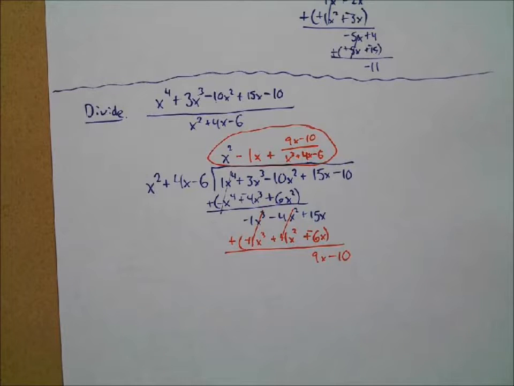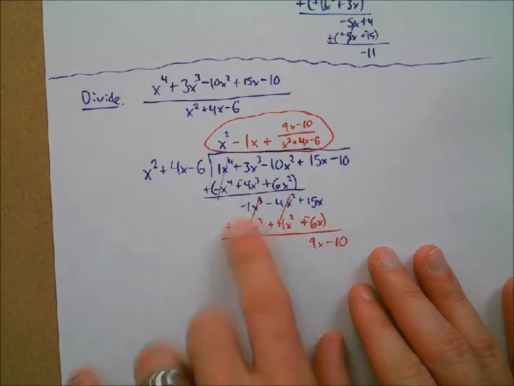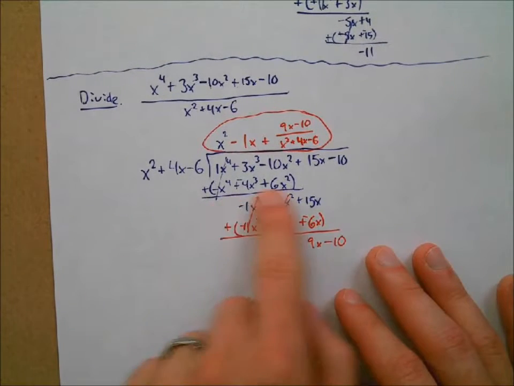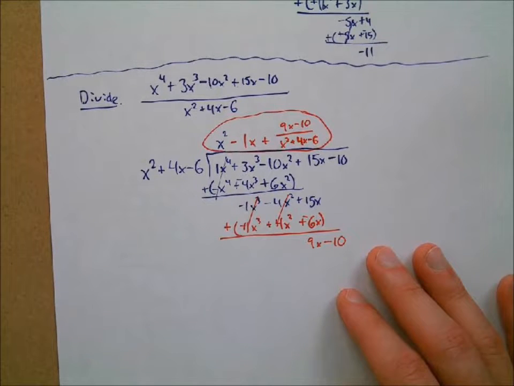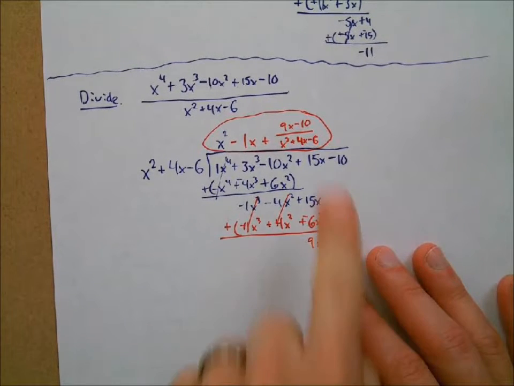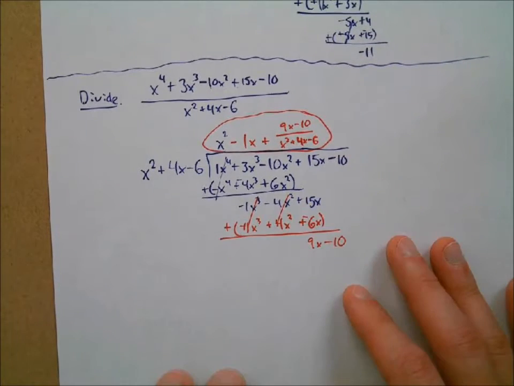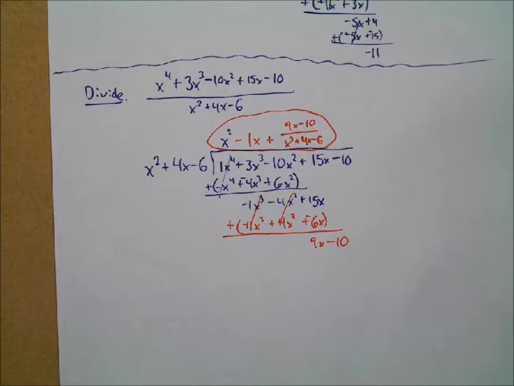Question, Jeff? So, if we pull down the next two terms, wouldn't they just cancel? So in the last step here, the negative 1x cubed, just the second step. Just bring down the 15x, that's it. No. So you have three terms there. So we see how many times x squared plus 4x minus 6 goes into the x to the fourth.